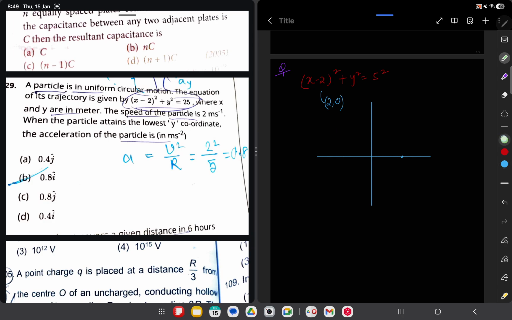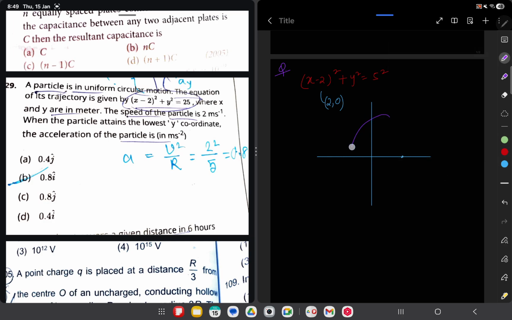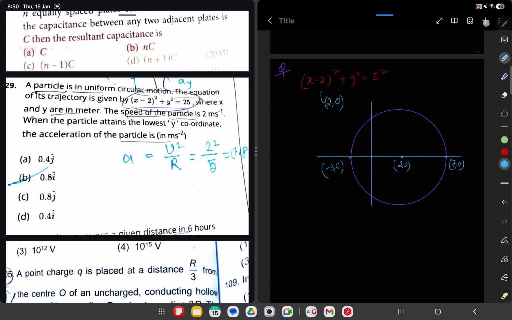So you can write that, let this one be (2, 0), this is (7, 0), and this is (minus 3, 0).